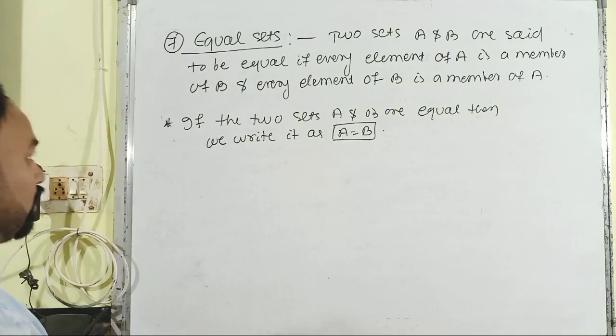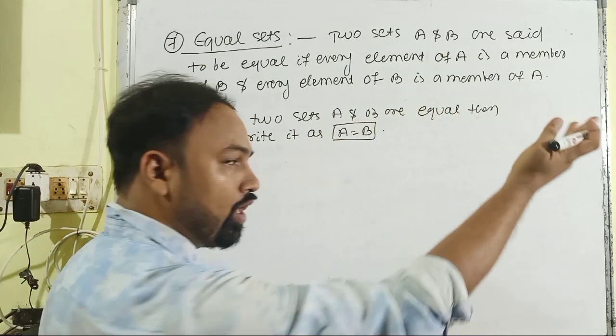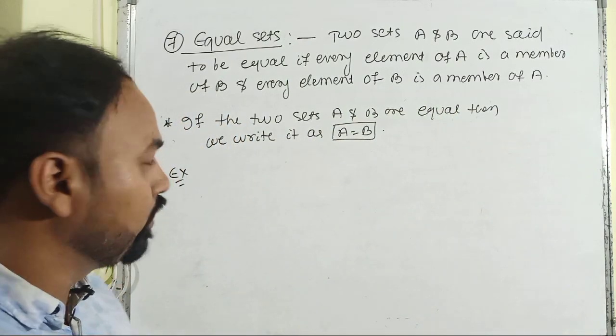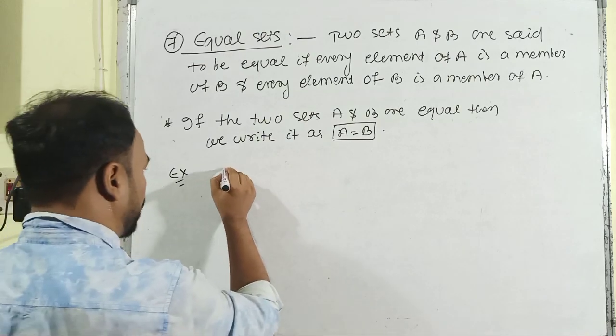So let us take an example here so that it will be clear. If the two sets A and B are equal, then symbolically we can represent it as A is equal to B.